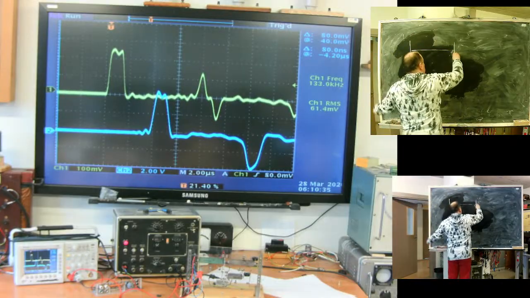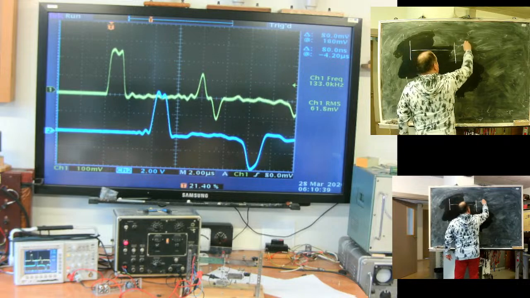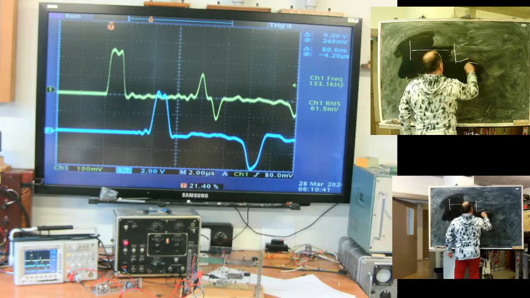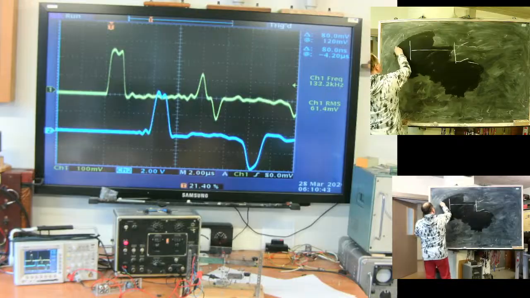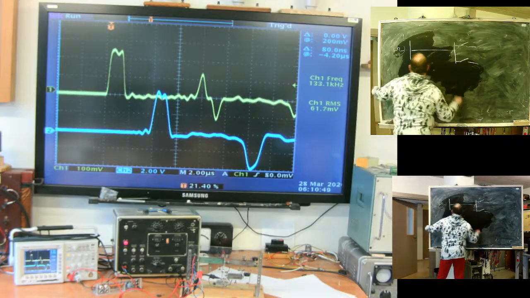Here is my line, and at this bus, at this moment, all is disconnected. Sending pulse. Where is my yellow?